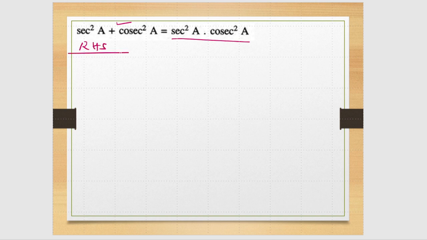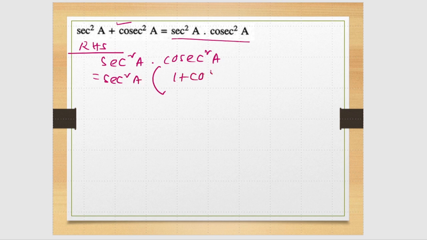RHS. What is my RHS? Sec²A into cosec²A. Okay, so now sec²A into 1 plus cot²A. Open the bracket: sec²A plus sec²A into cot²A.